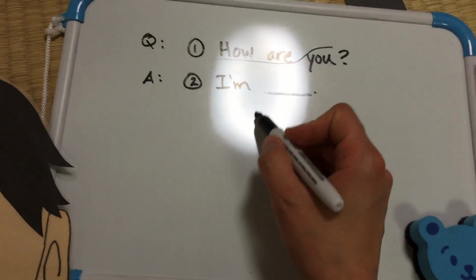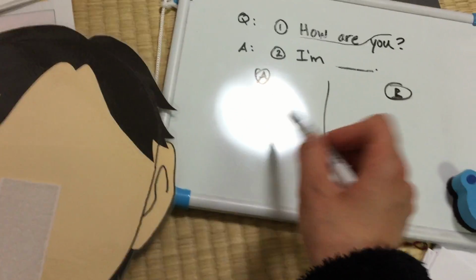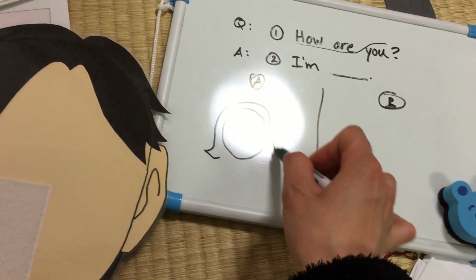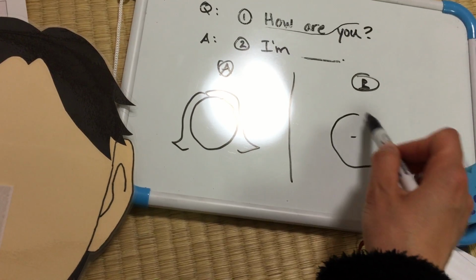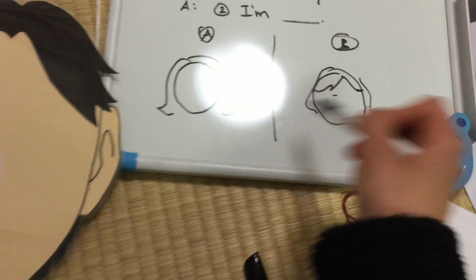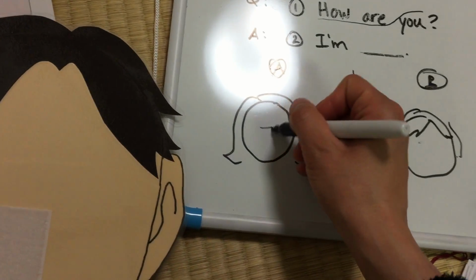Basically, this is how I would play this game. I'd split the class into 2 teams, Team A and Team B. On the whiteboard, this would be the girl with her hair, and over here is the guy. Whatever, that's a guy. Then it would have their Velcro, like this one here.